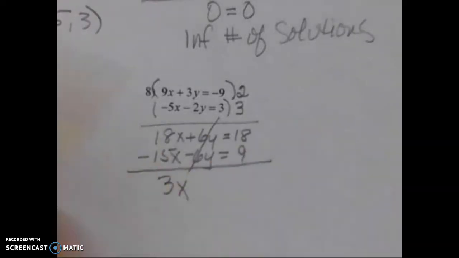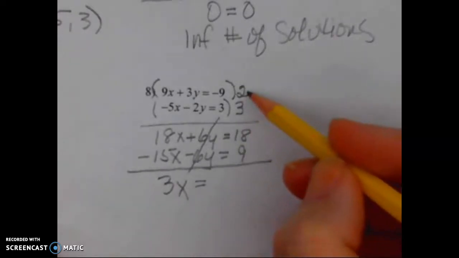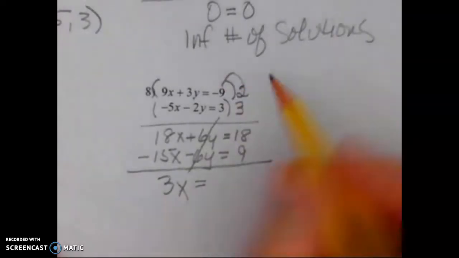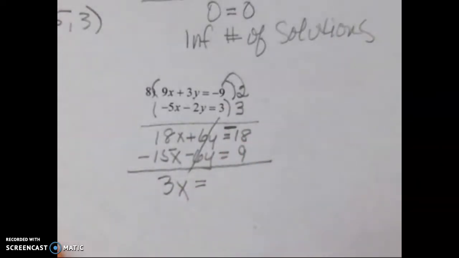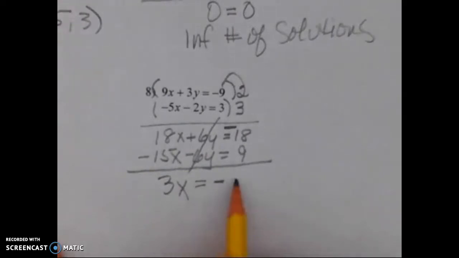This gets me 3x equals, oh, you guys look, this was a -18. I almost missed that negative. Oh, good catch. There it is. 3x equals -9. That means that x equals -3.